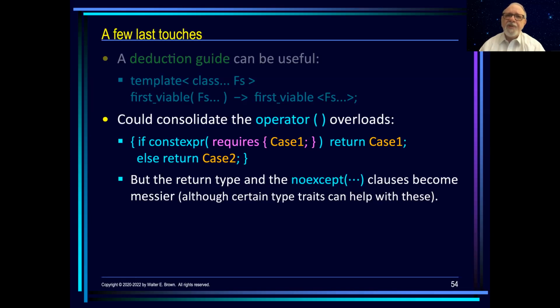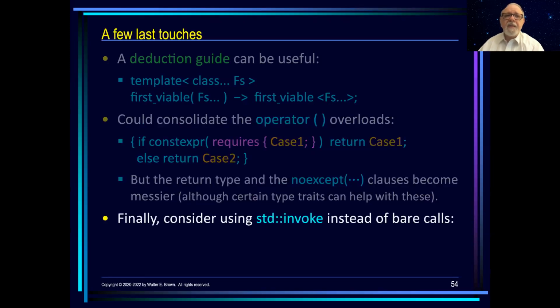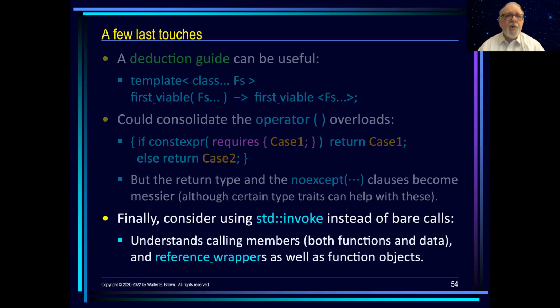You can solve that with some type traits, but they're still going to be messier. And the final little touch is to consider, instead of using a bare call, going through std::invoke, because that understands how to call members, both member functions and member data, could also call reference values, reference wrappers, as well as function objects.